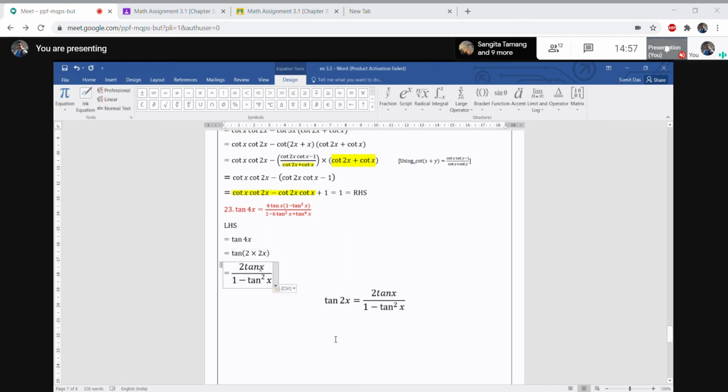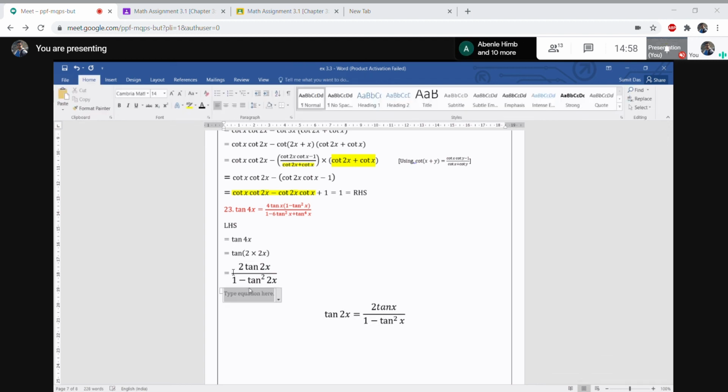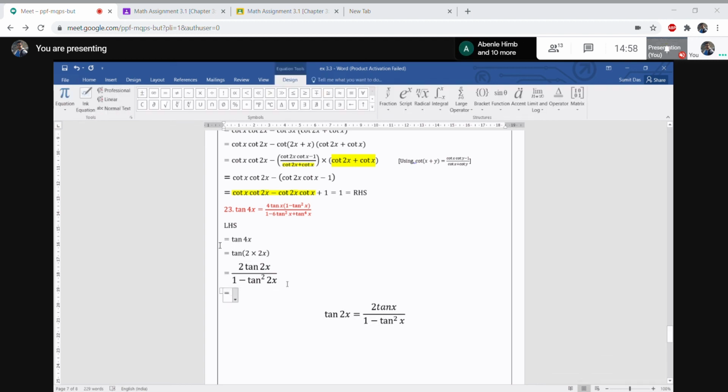Instead of x it will be 2x, here also it will be 2x. Now you know what we have to do. You have to use the same formula again, instead of this tan 2x. Okay, this is only a laborious problem.